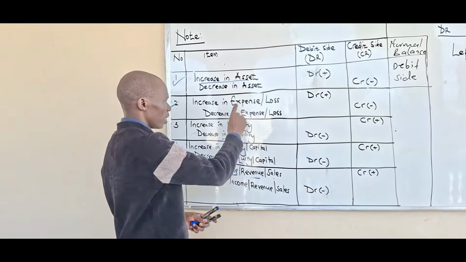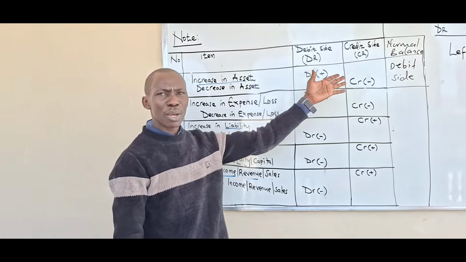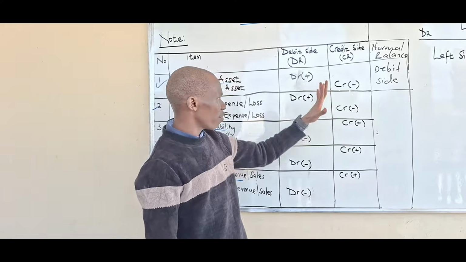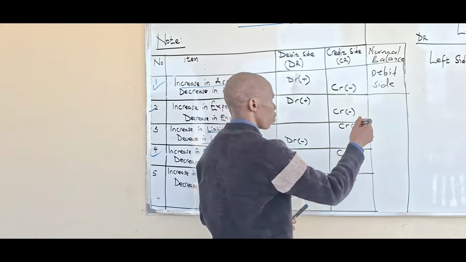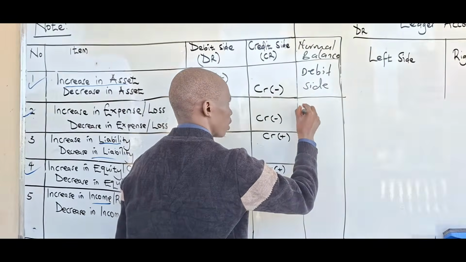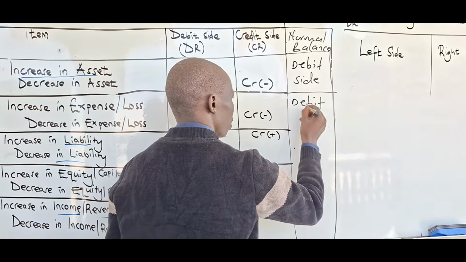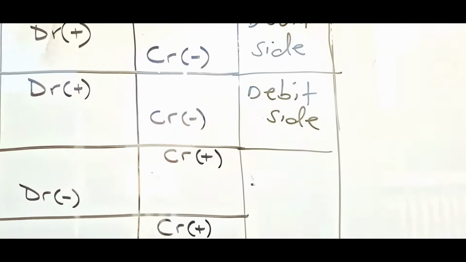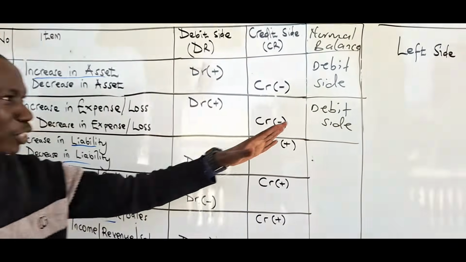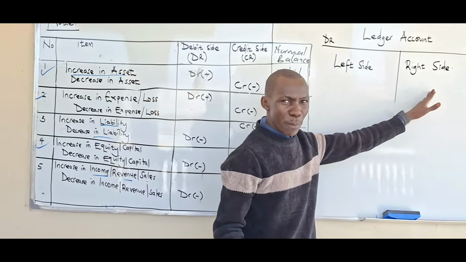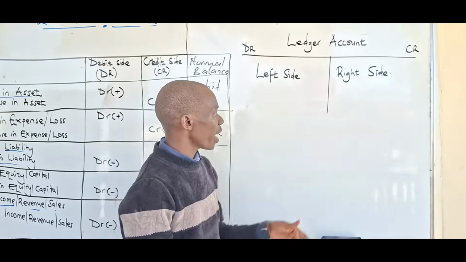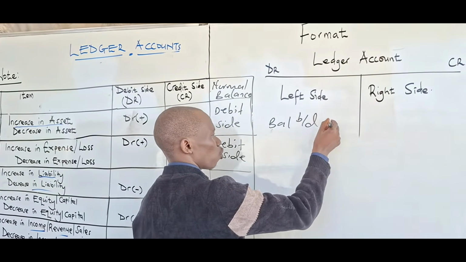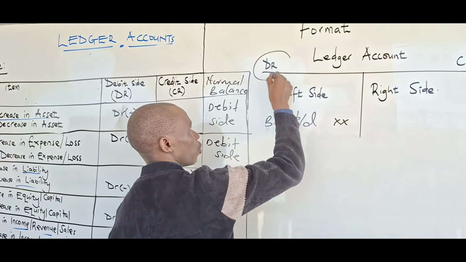What about expenses? Yes, expenses have the same behavior. The expenses, the losses, same behavior as assets. Still, the normal balance for expenses is the debit side. What does it mean? When you balance your account here, we expect your balance brought down to be here on the debit side.